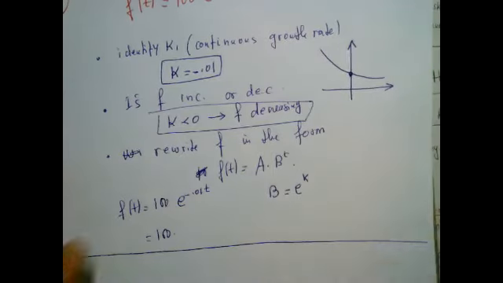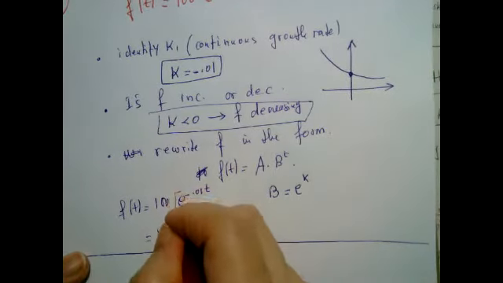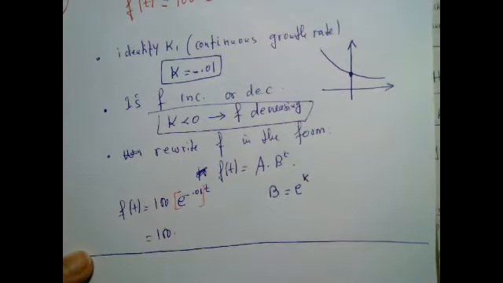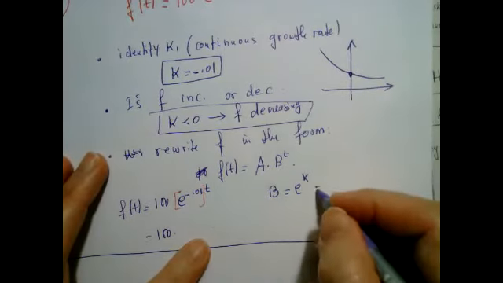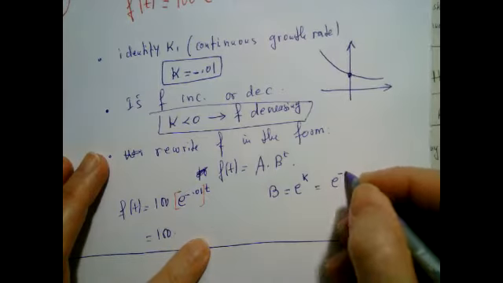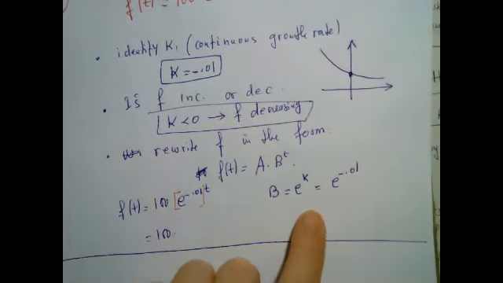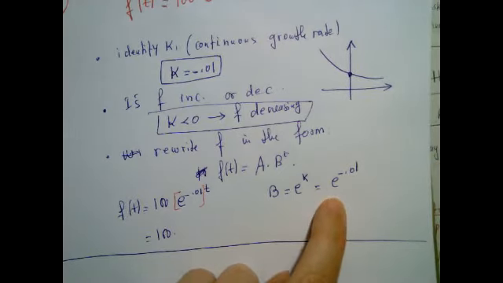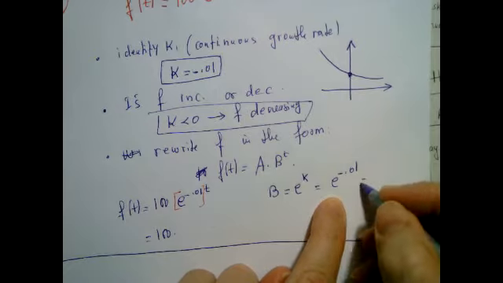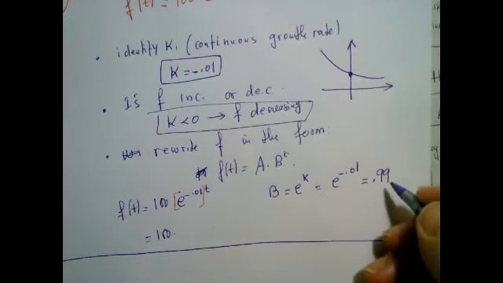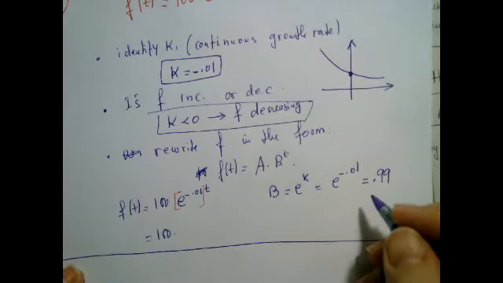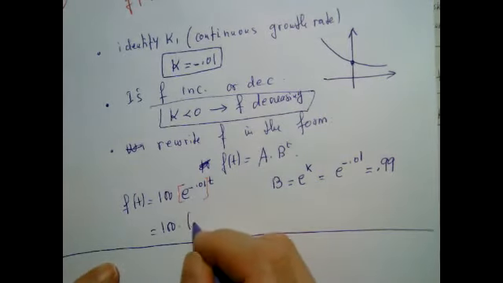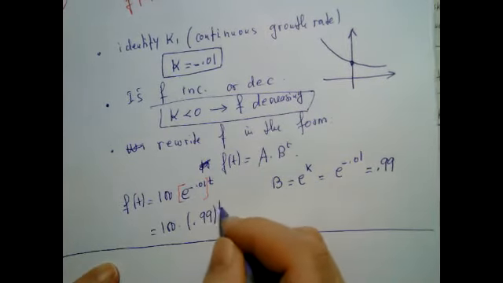That's the b. So it's equal to e to the minus 0.01. This b will be less than 1 because k is negative. If I evaluate e to the power minus 0.01, I'm getting 0.99. I hope I am right. So this will give me 0.99 to the power t.